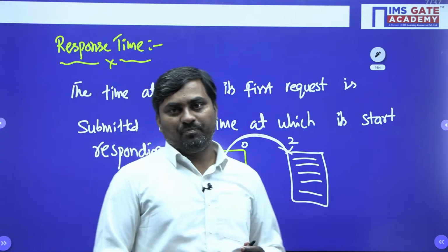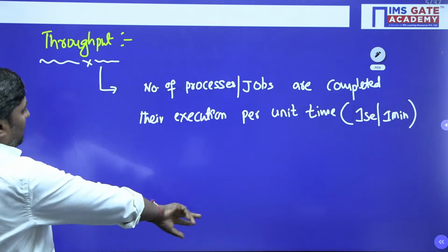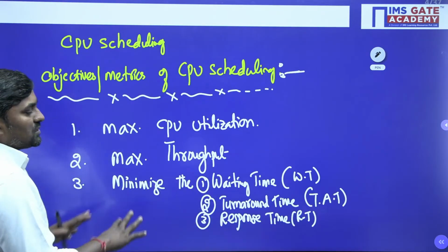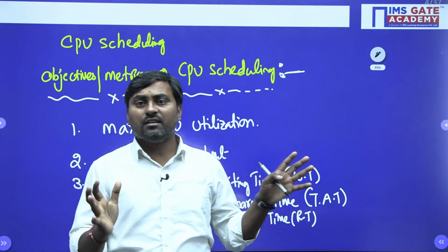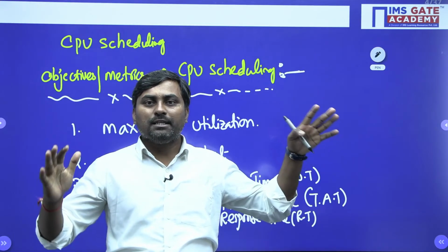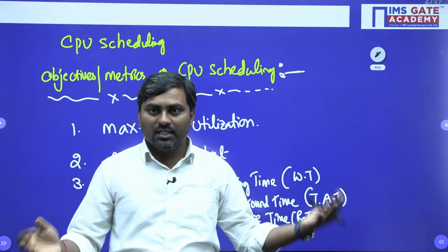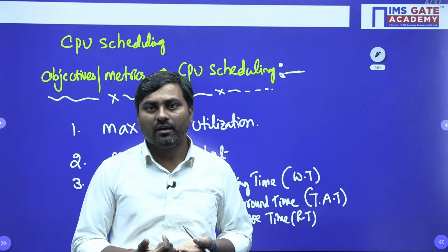Great, great. So this is the term response time. Like turnaround time and waiting time, it should be minimal. This is the major objective of studying the various decision making policies. The implementation of the short term scheduler is nothing but the study of process scheduling or CPU scheduling, correct?